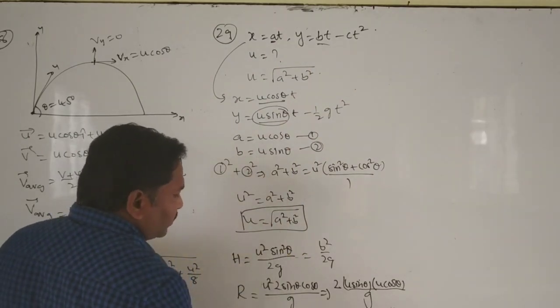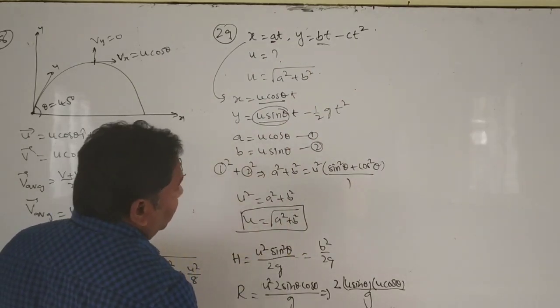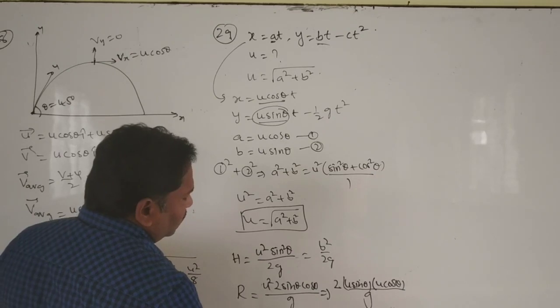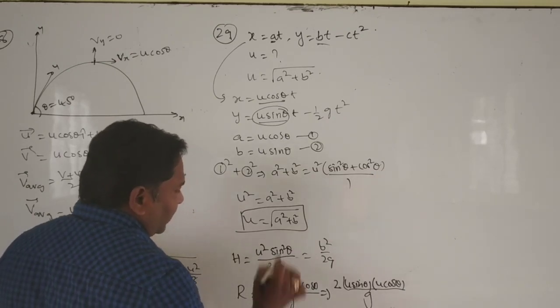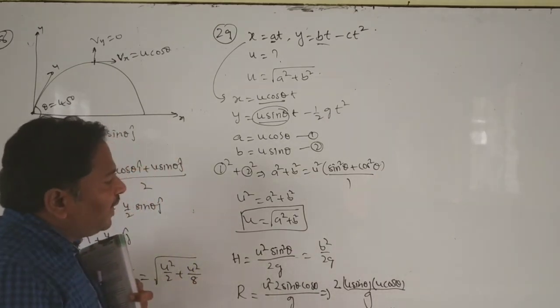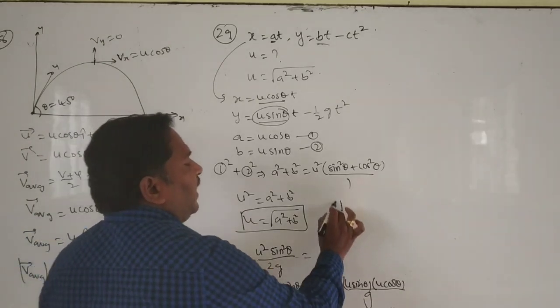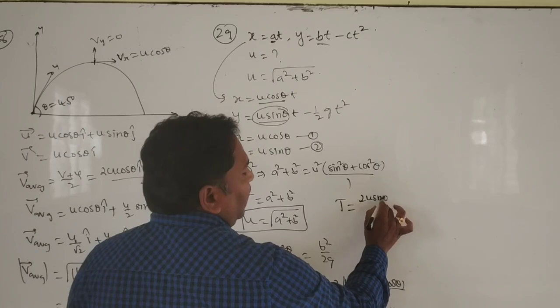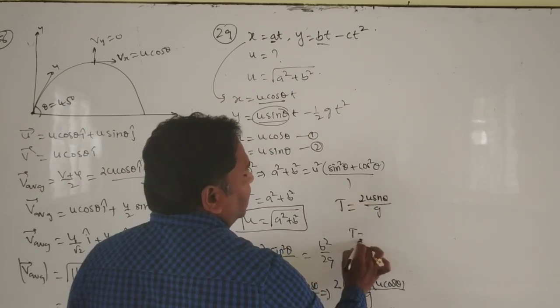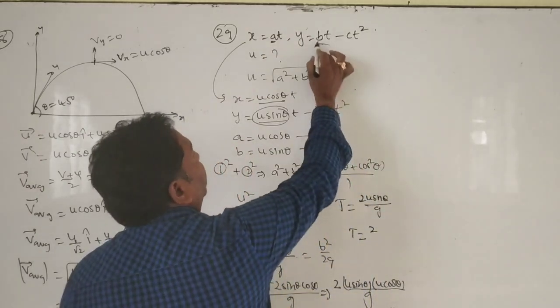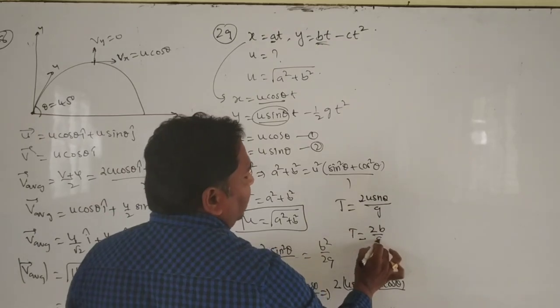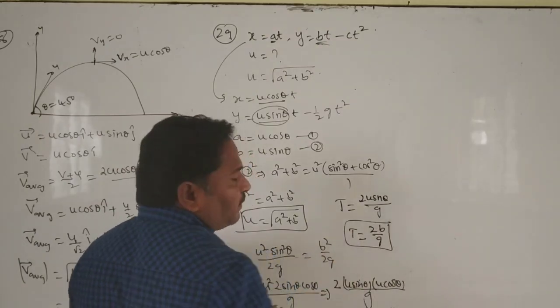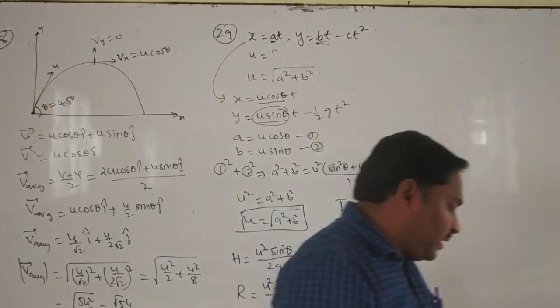So range equals 2ab by g. And the time of flight is 2u sin theta by g, which is 2b by g. Now these formulas we can use as a shortcut.